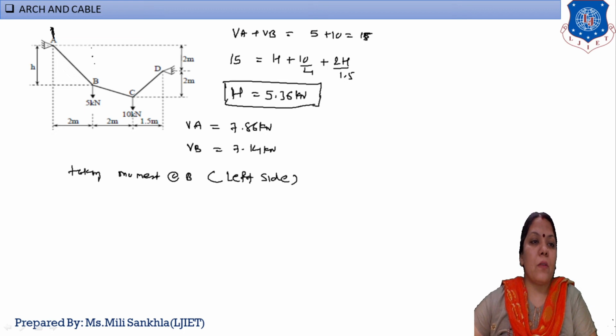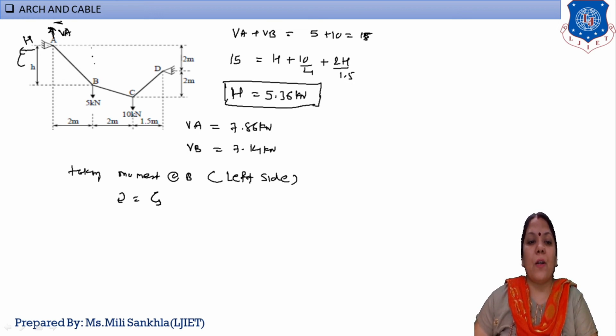This is our support reaction VA and here H. With respect to this point P, VA rotates clockwise and H rotates anti-clockwise. So we compare clockwise and anti-clockwise: VA into 2, because VA is vertical into horizontal distance, is clockwise.